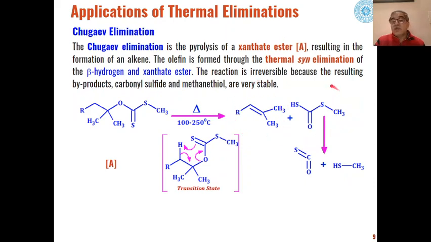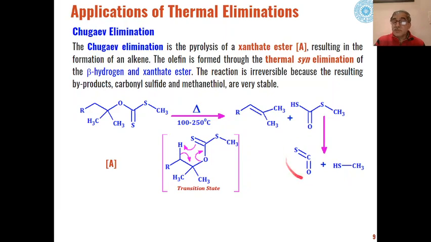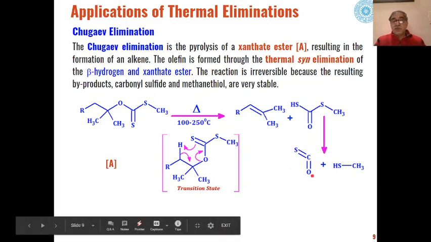And then these S-methyl sulfenic acids undergo further reaction to give us methane thiol and carbonyl sulfide as the products.